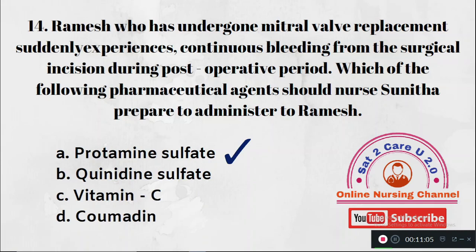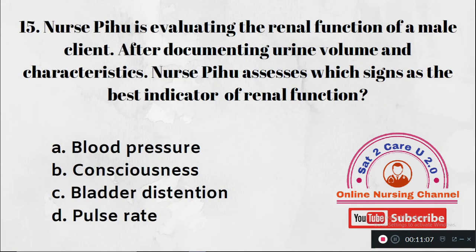Question number 15. Nurse Pihu is evaluating the renal function of a male client. After documenting urine volume and characteristics, Nurse Pihu assesses which sign is the best indicator of renal function. Option A, blood pressure. B, consciousness. C, bladder distension.